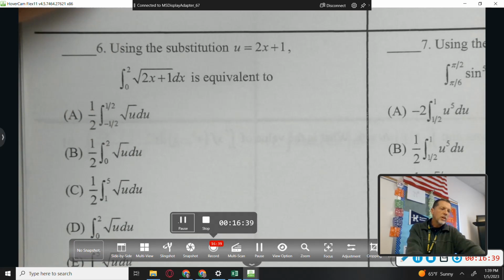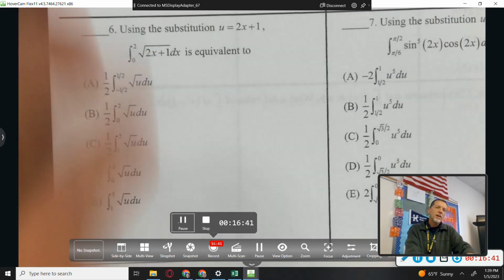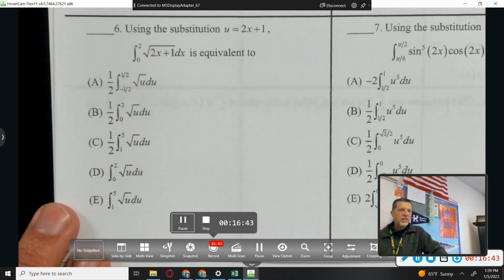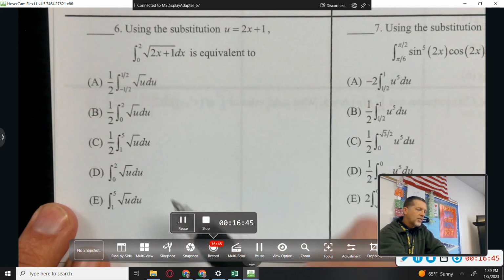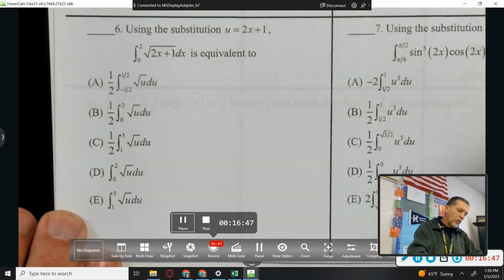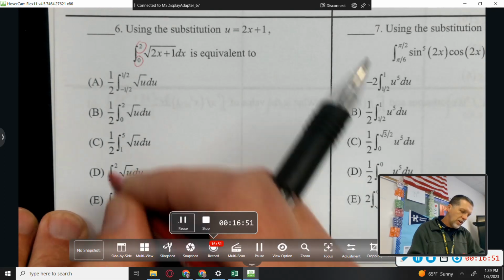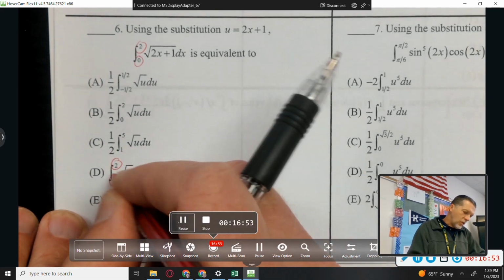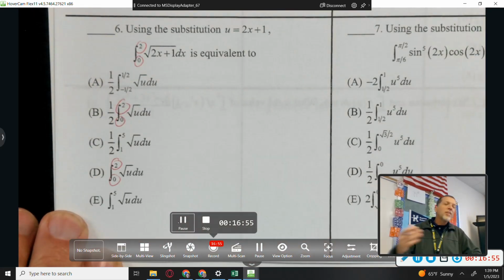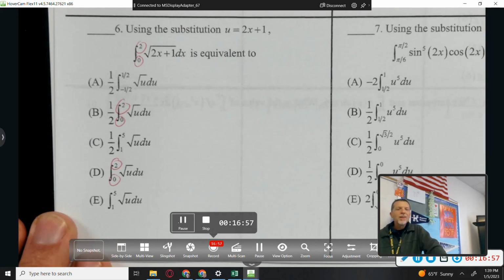This is where we can force you to change the limits from x limits to u limits. In fact, before I even work this problem, the x limits are 0 and 2. It's possible that they could turn out to be the same, but I'm pretty sure that limits of 0 and 2 is not going to be right. So I could probably throw out b and d as it is.